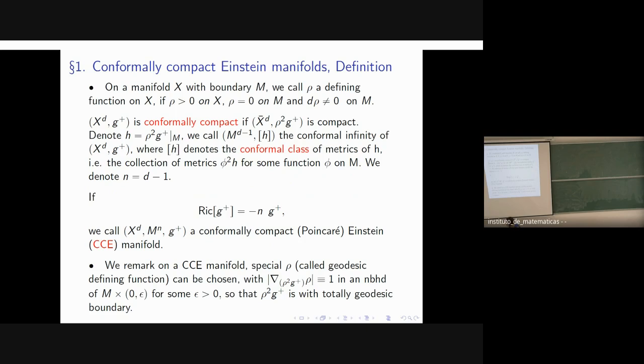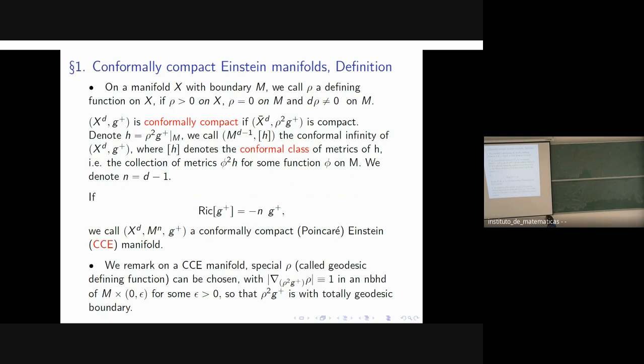Okay, so let me repeat what this CCE manifold is, which was already mentioned repeatedly in the last 2 lectures. So there is this defining function rho, and this rho is not uniquely determined. That means you have a rho, and then you have another metric in the same conformal class of rho, and we denote that by the bracket of rho, the conformal class.